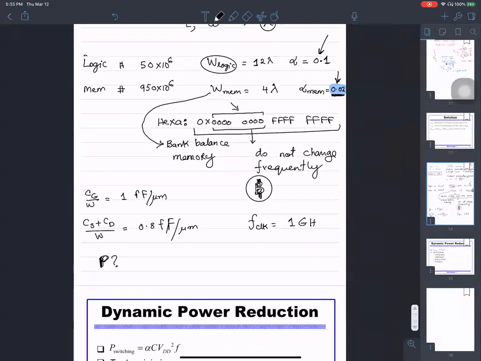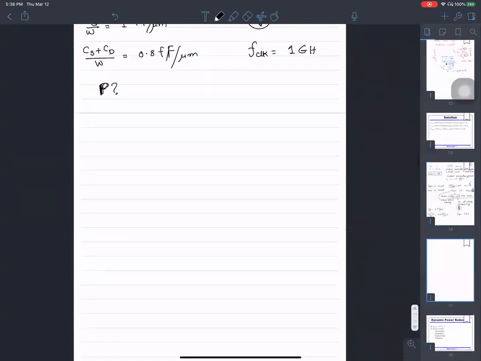Now what we are going to do is use the equation for switching power, or the dynamic power consumption: alpha times C times VDD squared times F clock.